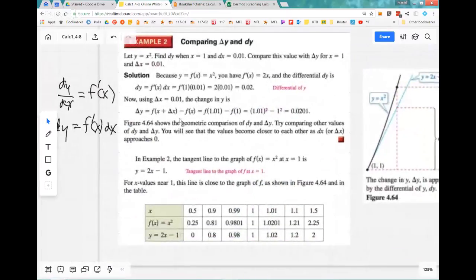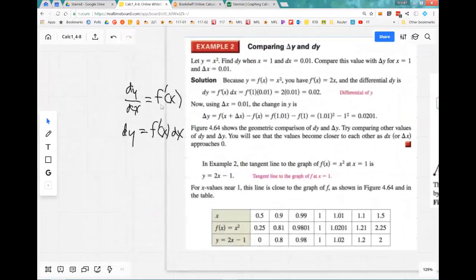So anyway, if you look over here, I've got dy dx is another way to write the derivative of x squared.